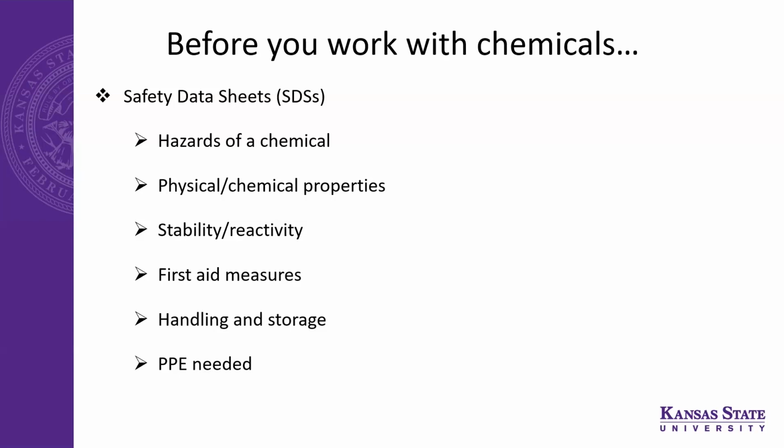The safety data sheet for a particular chemical will provide all these important details: the hazards of that chemical, physical and chemical properties, stability and reactivity, first aid measures in case of an accident, and handling and storage, what PPE is required when dealing with that chemical. So this is the most important thing before you deal with the chemical.